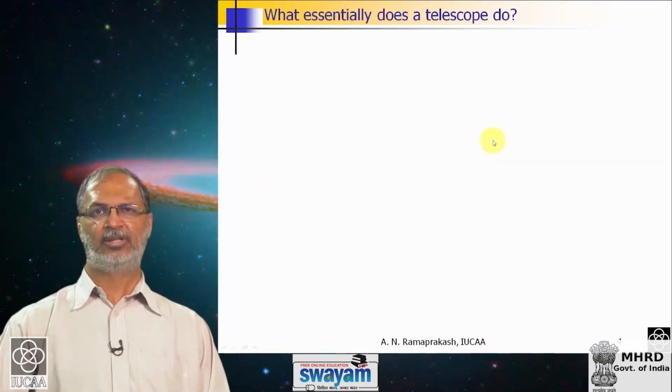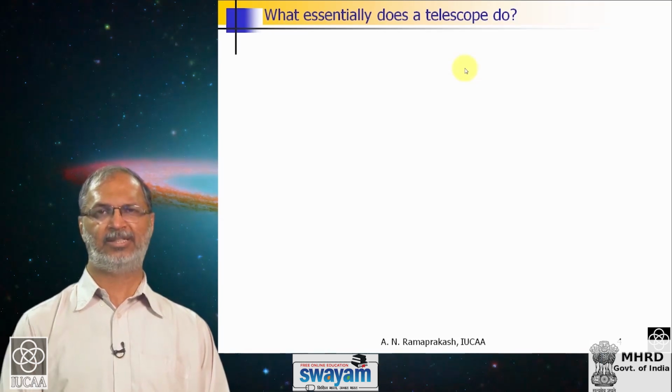As an astronomer, the primary tool which an astronomer uses to look at the sky is a telescope. Our worldview, the understanding of what our world looks like, changed substantially when about 400 years ago Galileo pointed this telescope towards the sky and started looking at objects in the sky like the sun, the planets, the moon, and so on and so forth, and that revolutionized our understanding of the universe we lived in.